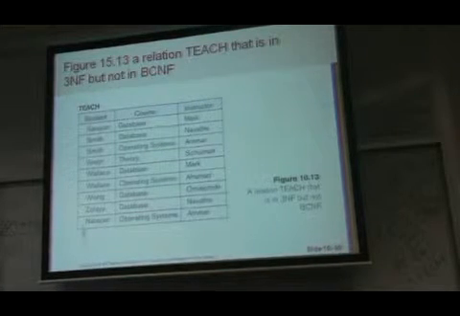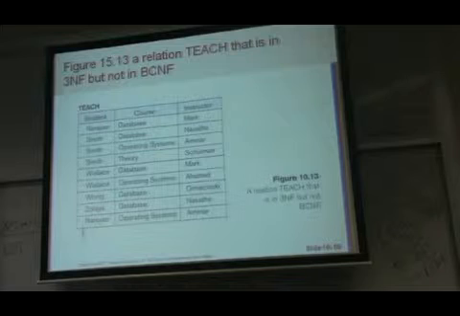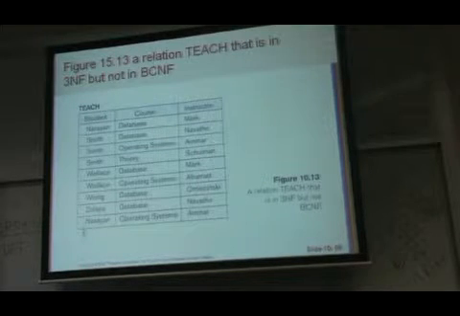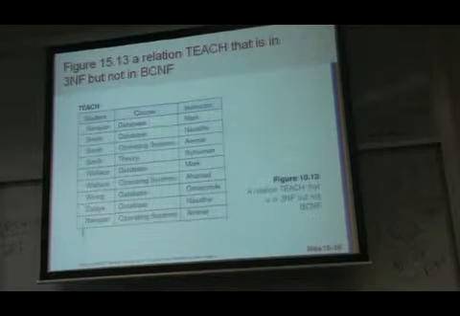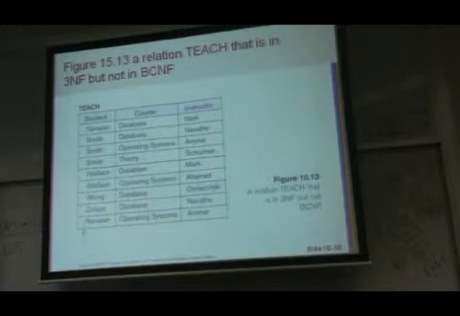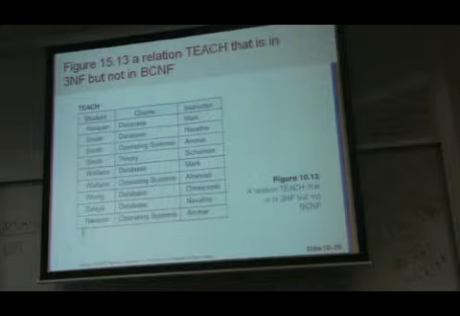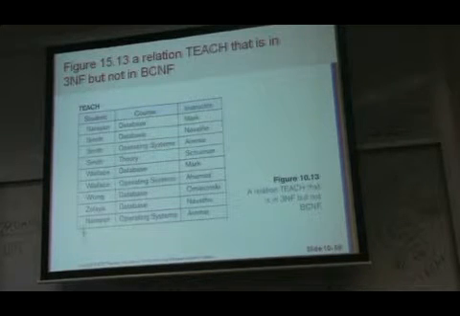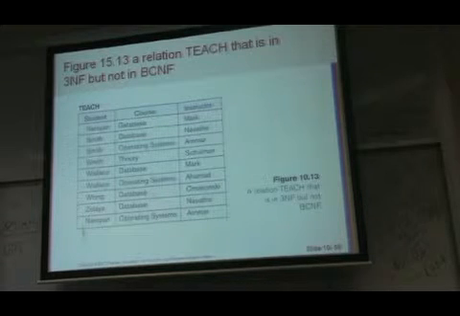The example is like this one. Student, course, and instructor. Course determine student, and course determine instructor. Yes, you can find the student. So using my course name, I can find the instructor.